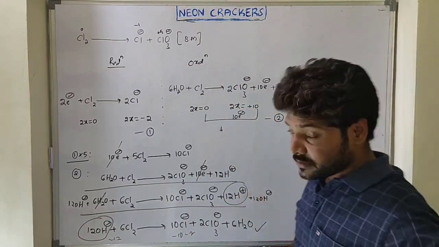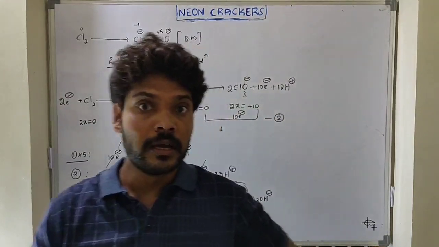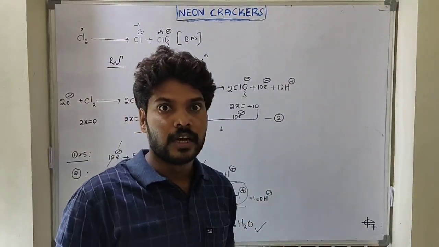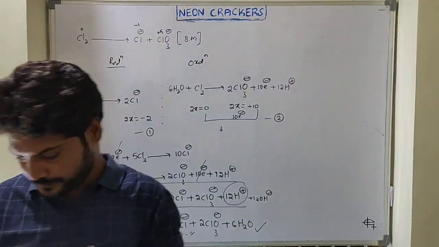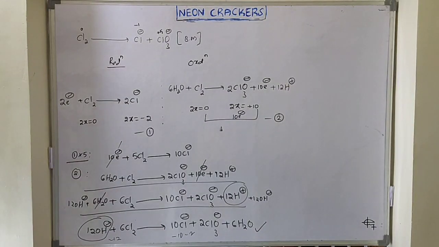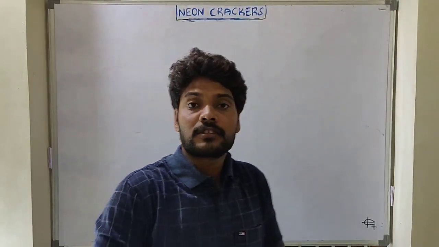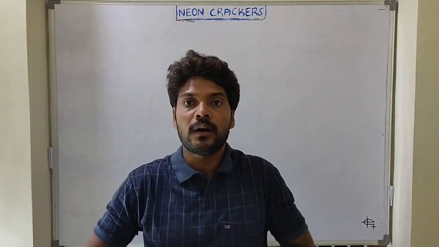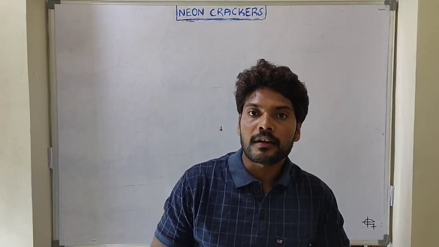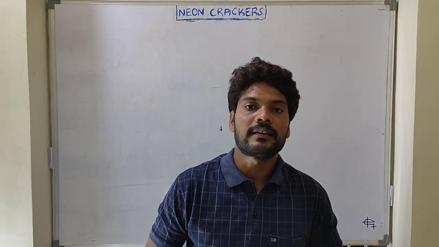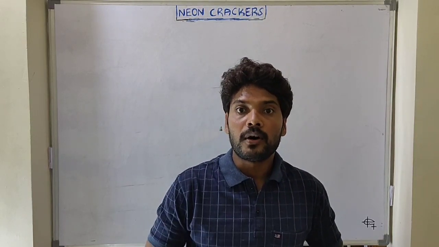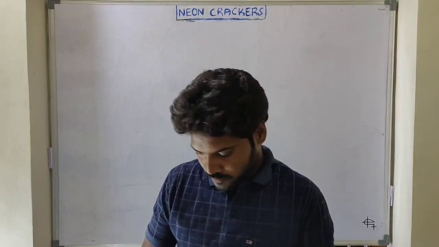Next, another one. This is very important because many students may get confused here. I will tell you how to do this. The next balancing is of a redox reaction containing a polyatomic molecule.